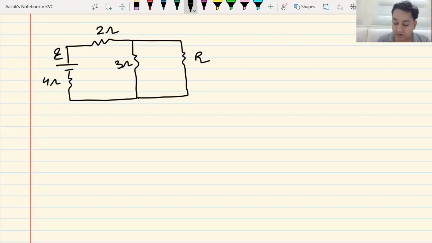I want maximum power to be delivered to this resistor. What is the value of this resistor? And what is the maximum power developed?